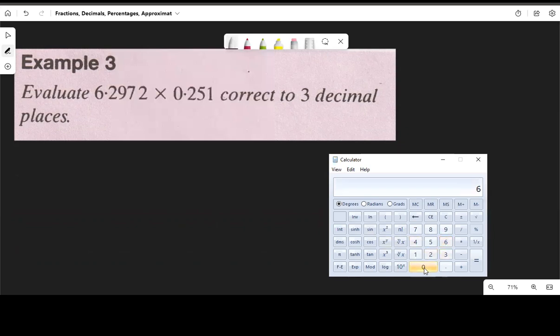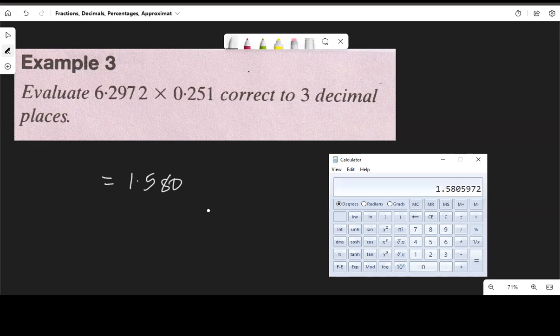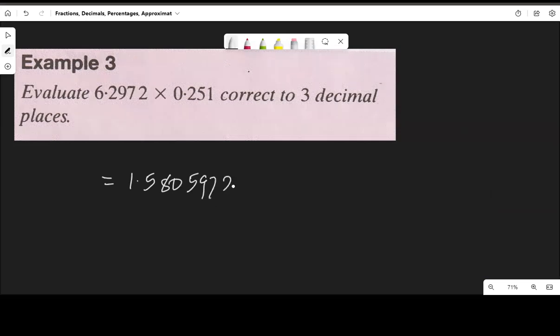So 6.2972 multiplied by 0.251 is 1.58580 5972.